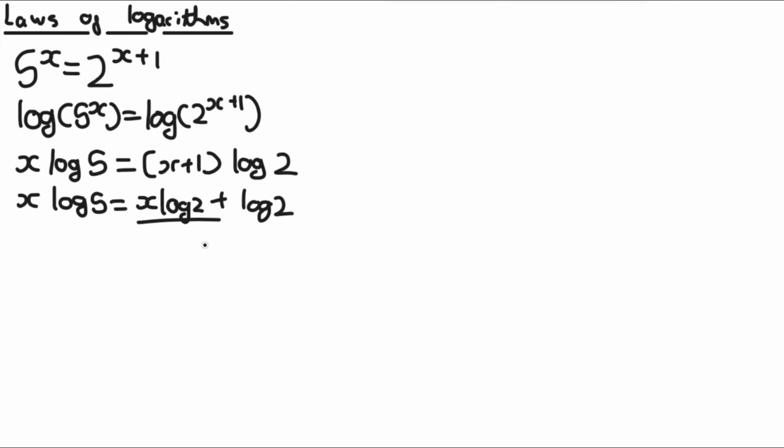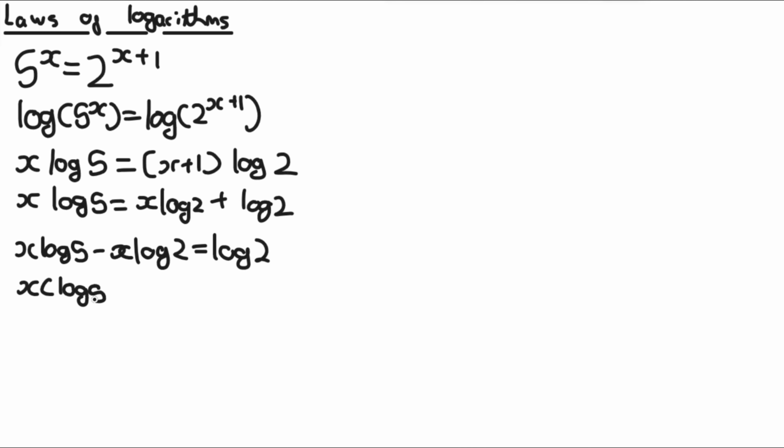Bring this onto the other side to get all the x's onto one side, so it's going to become x log 5 minus x log 2 is equal to log 2, and then factor out the x to x of (log 5 minus log 2) is equal to log 2.